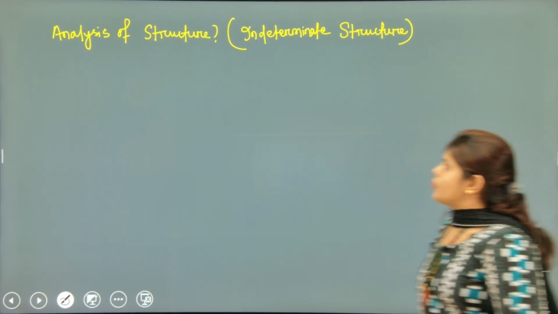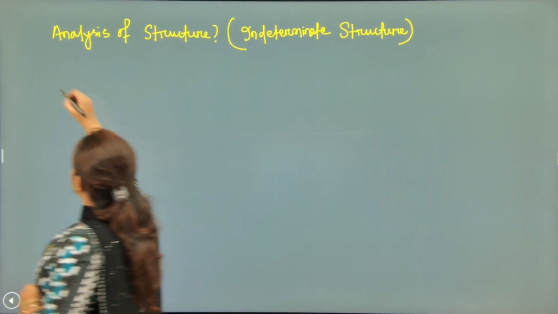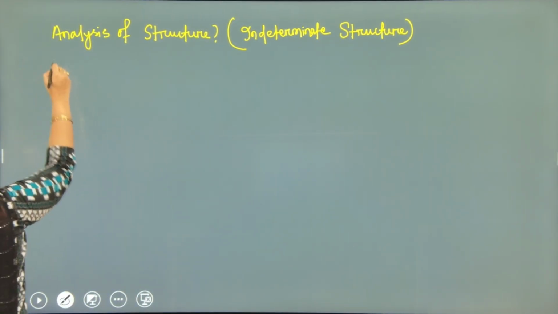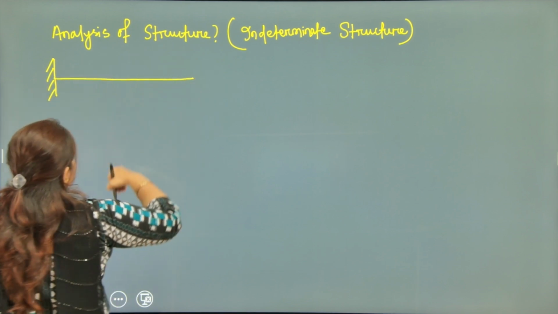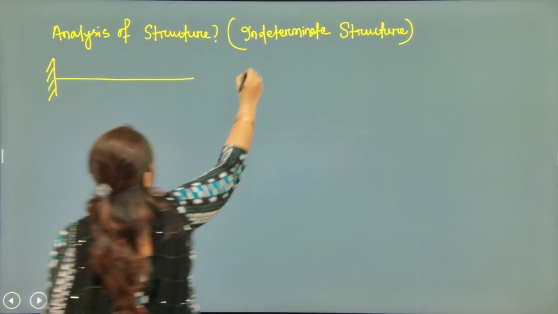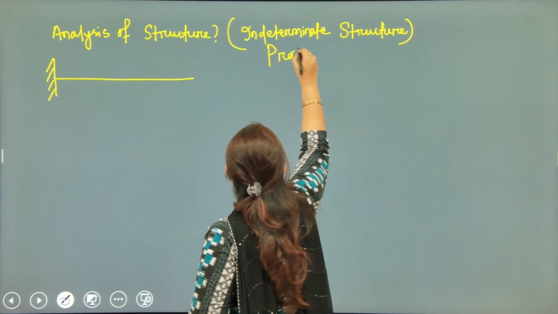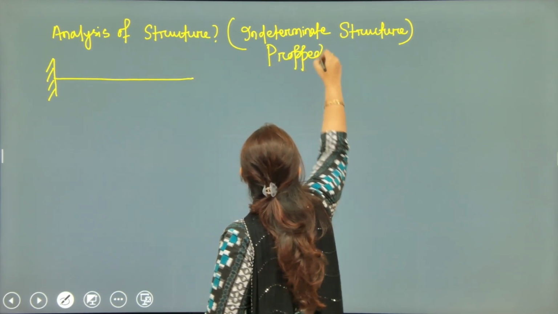Okay. So to analyze an indeterminate structure, the first thing we will draw is the indeterminate beam. Here I have taken one propped cantilever beam.